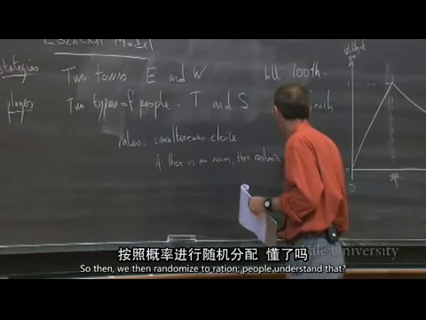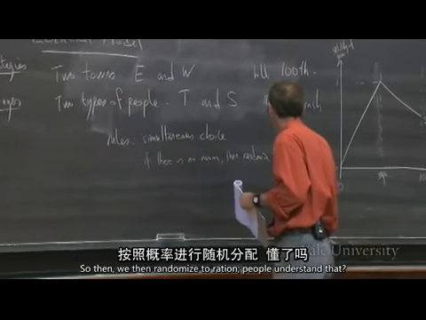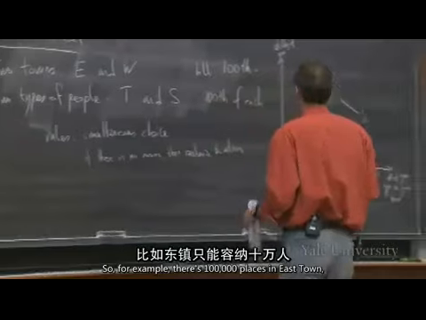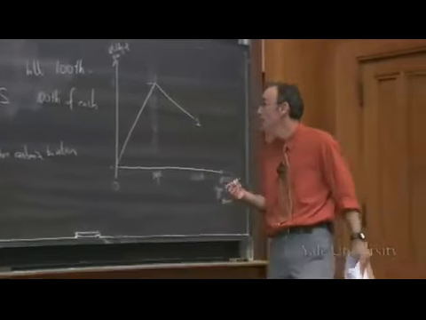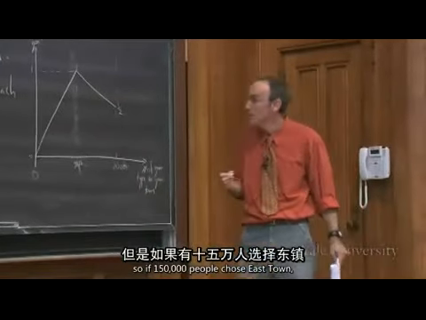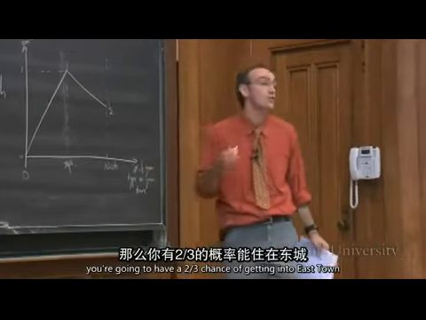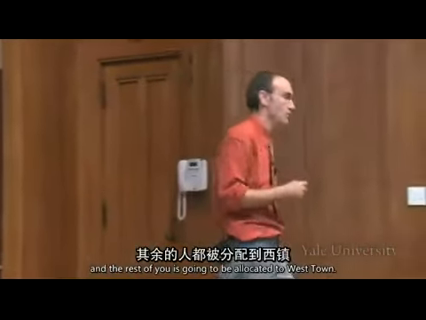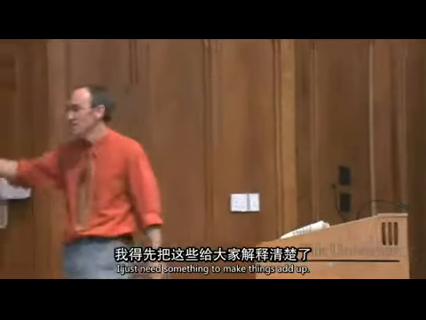People understand that? So, for example, there's 100,000 places in East Town. So if 150,000 people chose East Town, you're going to have a 2/3 chance of getting into East Town, and the rest of you are going to be allocated to West Town. Does that make sense? I just need something to make things add up.